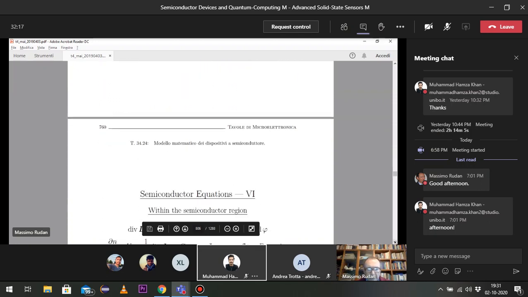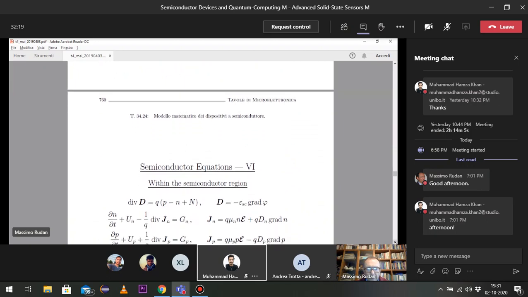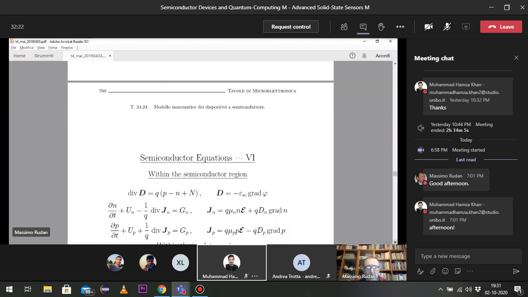At this point, we can put all these equations together. You remember we have the Poisson equation that is necessary to calculate the electric potential. And the Poisson equation is what is left of the Maxwell equations because we found that it is acceptable in a semiconductor to use the so-called quasi-static approximation.